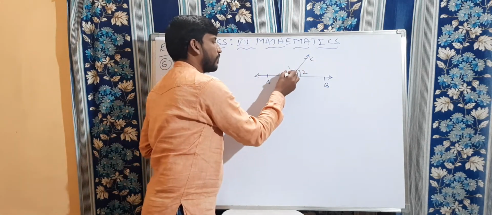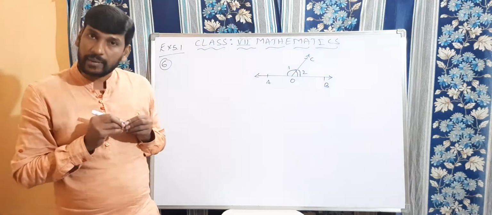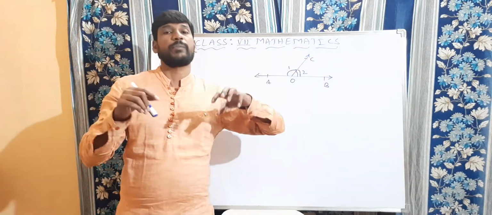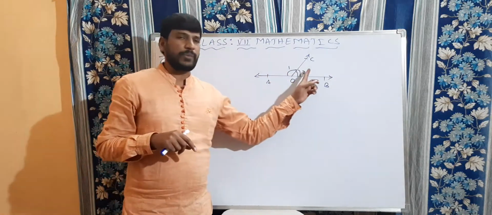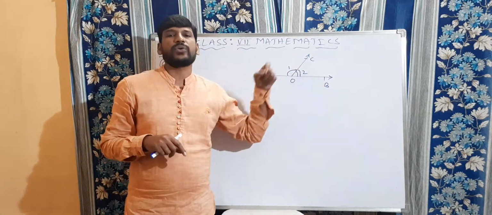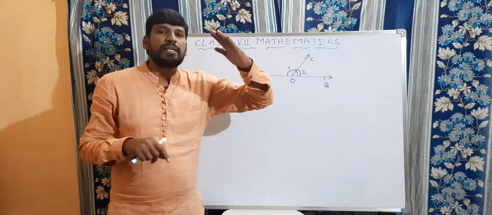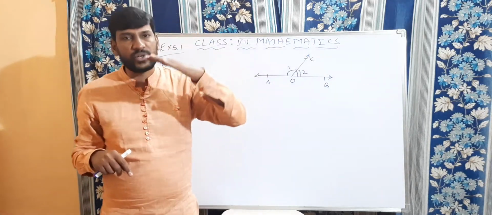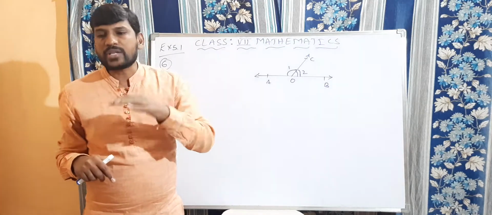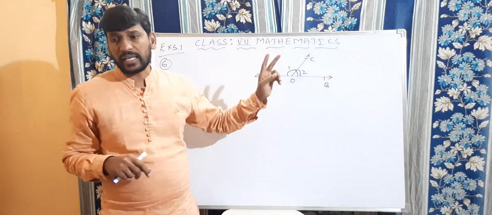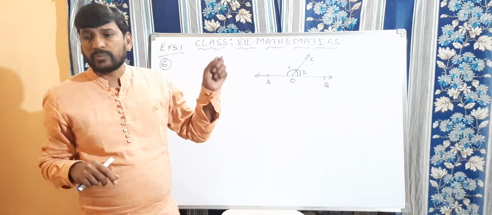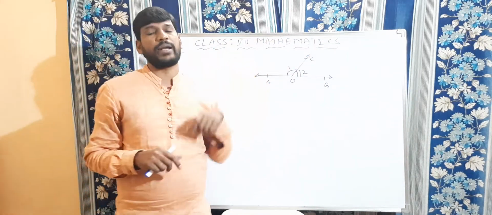They are given that these two are supplementary angles, and the question is, if angle 1 is decreased, then what changes in angle 2, so that both angles still remain supplementary.